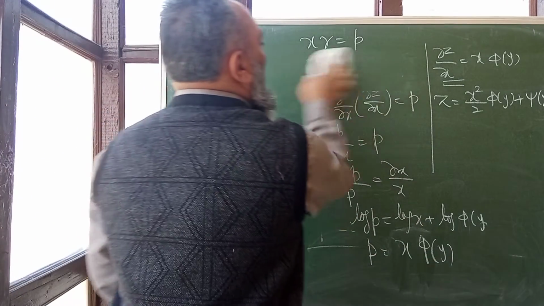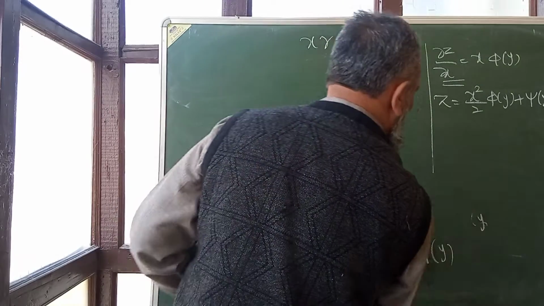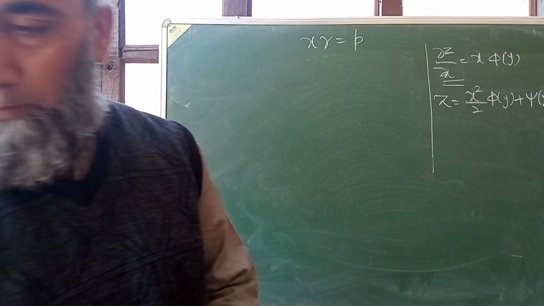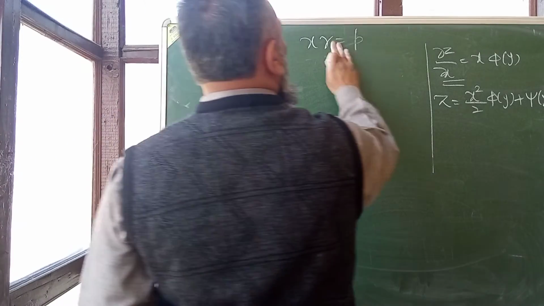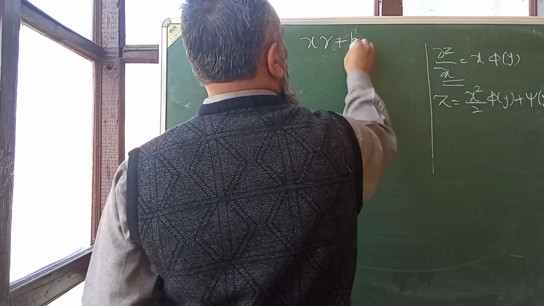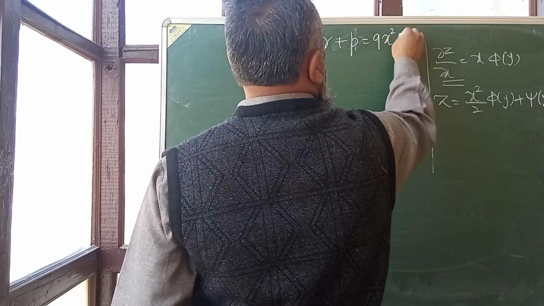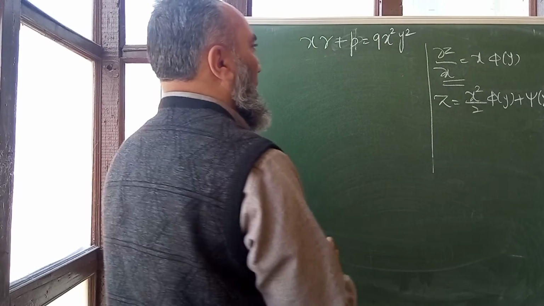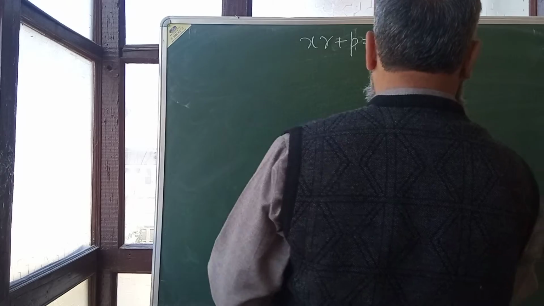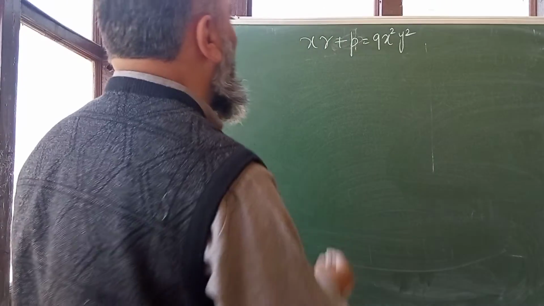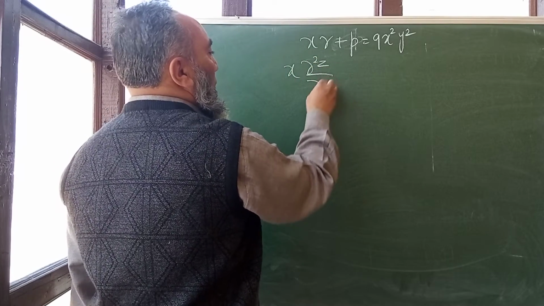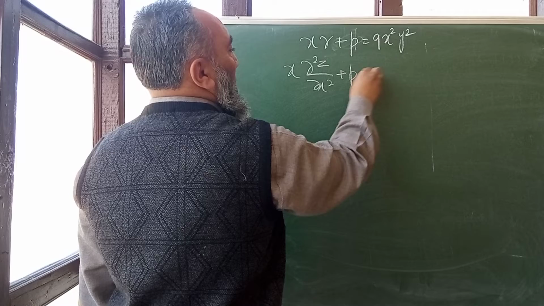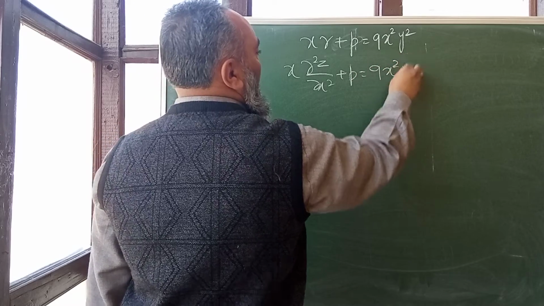Now let me take up one more question. Say I have xr plus p equal to 9x square y square. You see, this is x del 2z by del x2 plus p equal to 9x square y square.